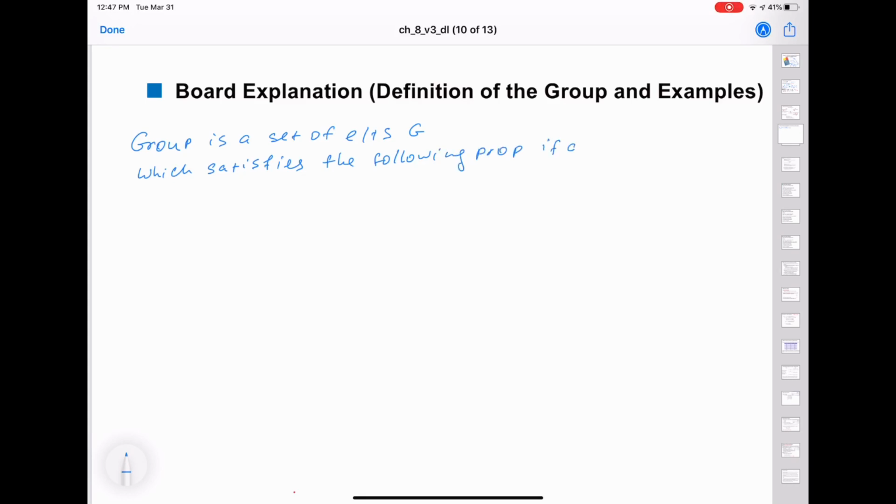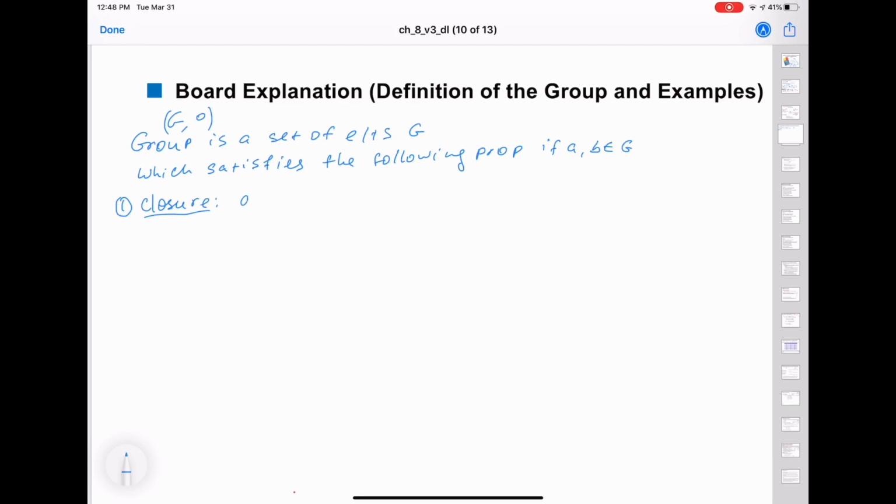If A and B are inside of this one. As you remember, the first condition is closure. What is closure? It means that we are doing a group with one operation. Operation is some kind of this.